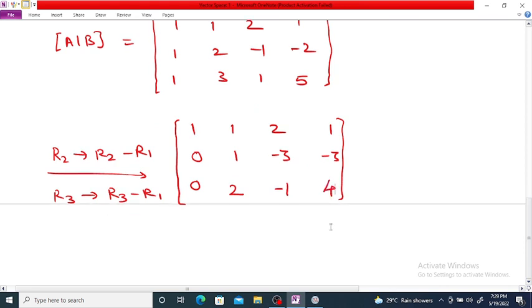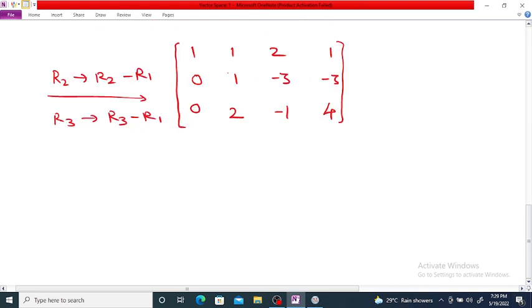Now next we want the first non-zero entry in the second row to be 1. It is already 1. So by using that 1, we are going to convert this 2 into 0. For that we use R3 is equal to R3 minus 2 times R2.